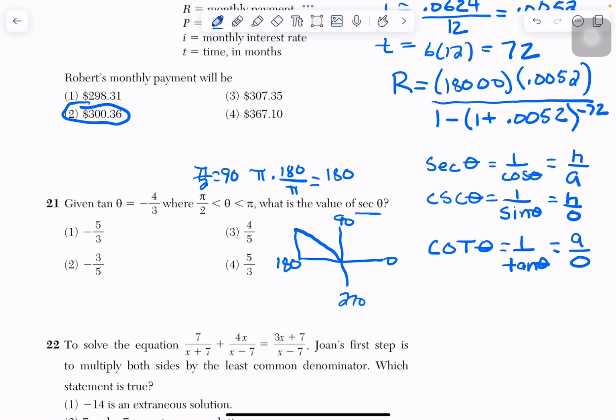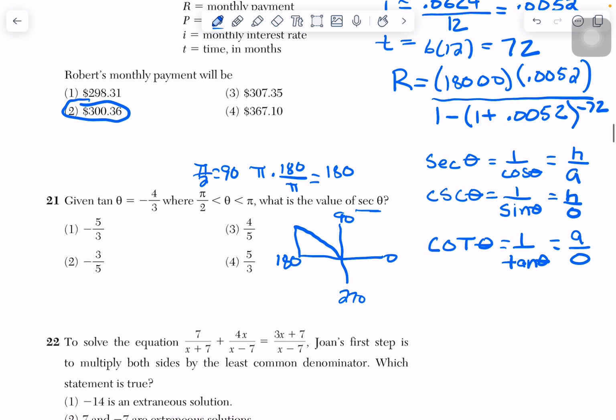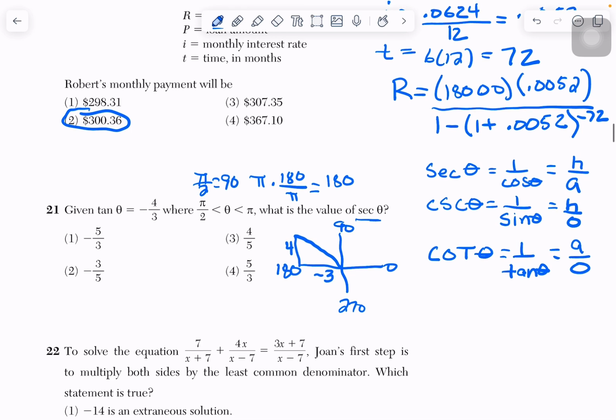So TOA, tangent is opposite over adjacent. This one is 4, and this one is -3, right? That's the opposite over adjacent. Now we have to find the hypotenuse to do the secant. Of course, we're going to do hypotenuse over adjacent, right? And this is the theta here. All right, so this is 4 squared plus -3 squared is equal to the hypotenuse squared. This is 16 plus 9.